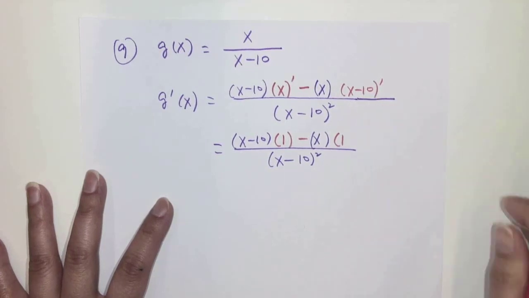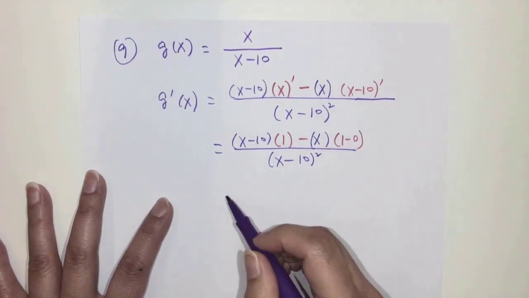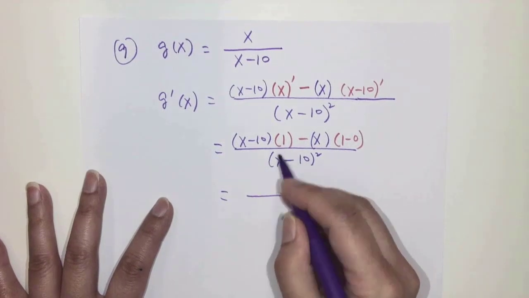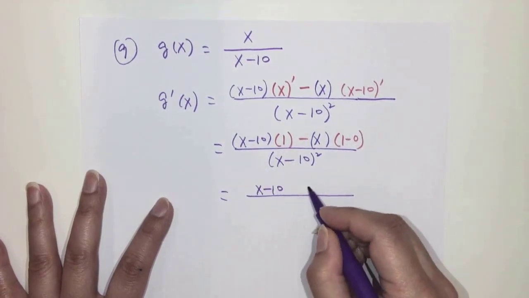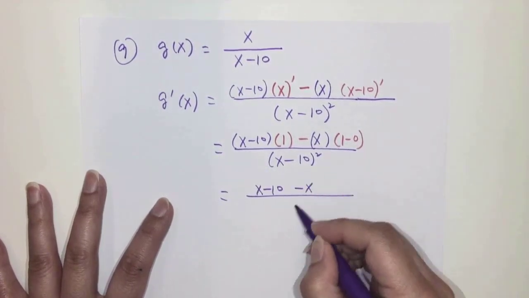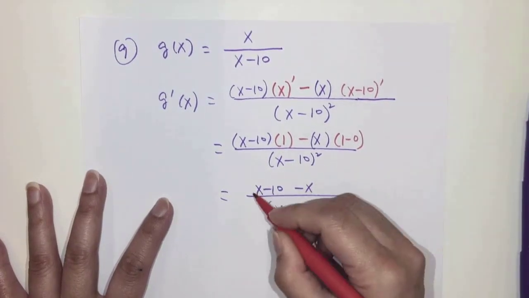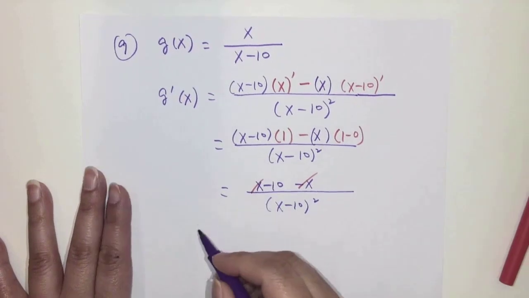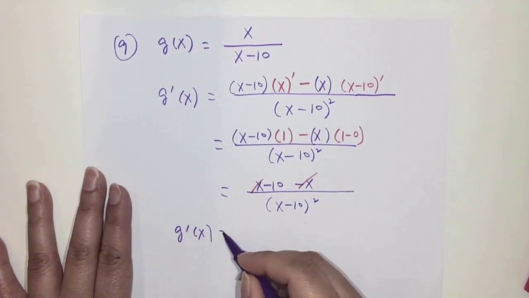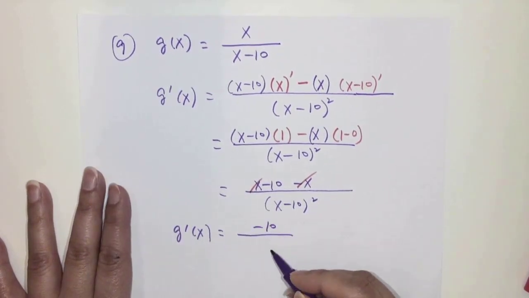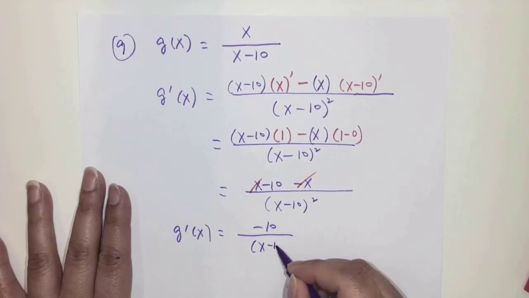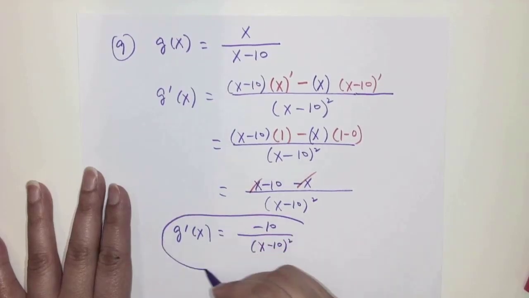Taking the derivative will turn into a 0, right? So I need to have x minus 10 here, and then this just minus x, right? And then x minus 10 perfect square. Looks like I can cancel out the x. Final step, g prime of x is going to be negative 10 over x minus 10 perfect square.